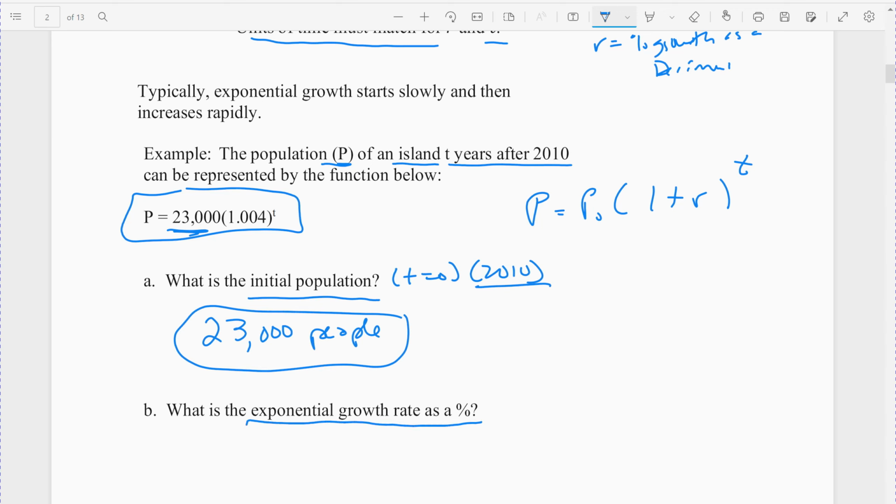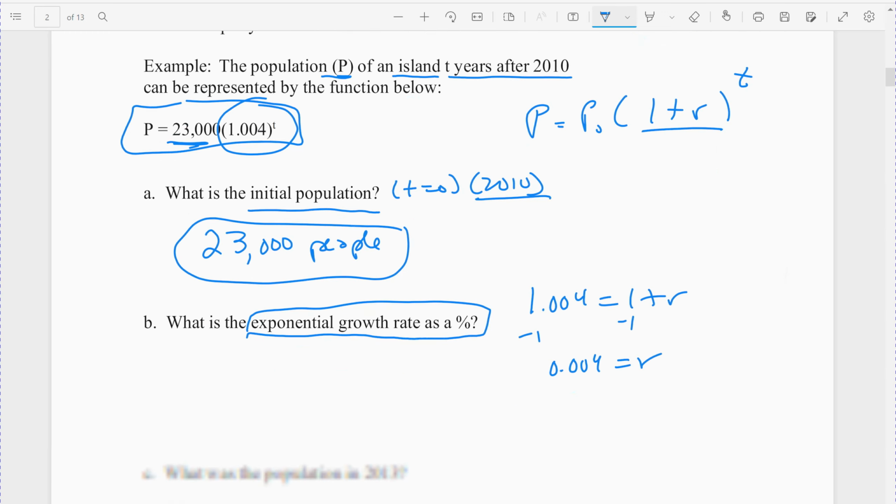The exponential growth rate as a percent. Well, the exponential growth rate comes from that middle part, but remember that 1.004 really is 1 plus r. So if we subtract the 1, the 0.004 is my growth rate as a decimal.